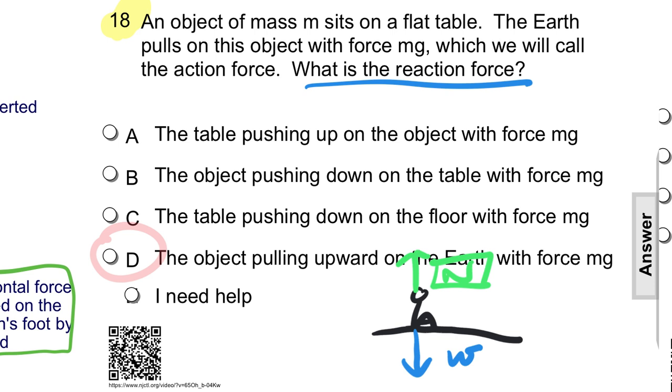Okay, so what's the N then? Normal force. Well, that's me pushing against the Earth, and the Earth pushes up against me.